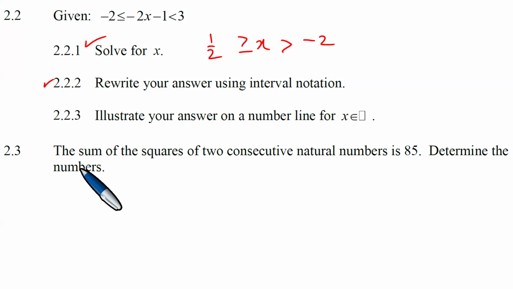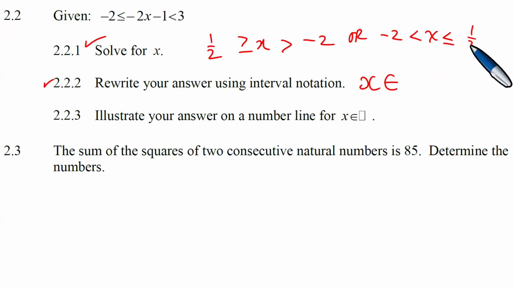You said you have not been taught the interval notation, but now we can analyze it ourselves. Interval notation means that you say x is an element of an interval. You start from the smallest one, so you can write it like -2 is less than x, less or equal to 1/2.